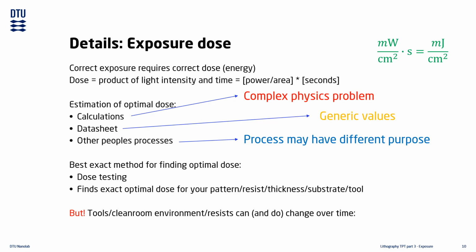The resists, and all other chemistry, can sometimes change slightly from batch to batch. Even the users themselves change from day to day. I'm sure you can imagine experiencing varying levels of stress leading up to finishing a project, or maybe you're just more tired today than you were yesterday. This could affect the way you do certain tasks. If you experience that your process results change, you may need to redo the dose test.